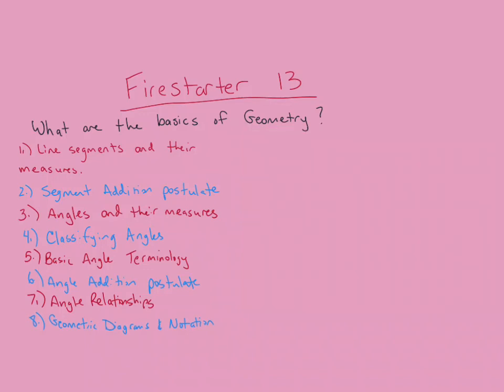All right, so just to clarify, if you look at your worksheet that we're going to be doing next week, line segments and their measures, that was numbers 1 through 4.